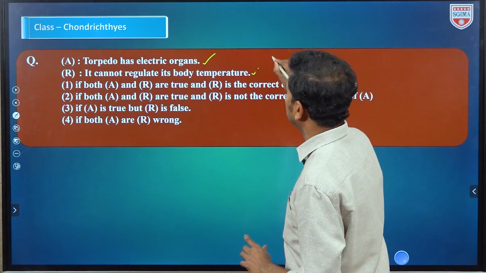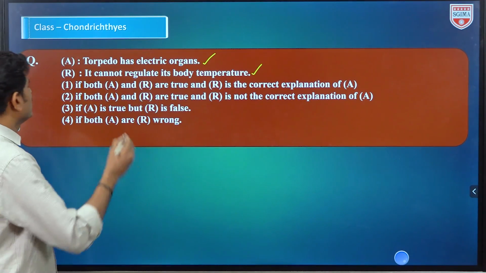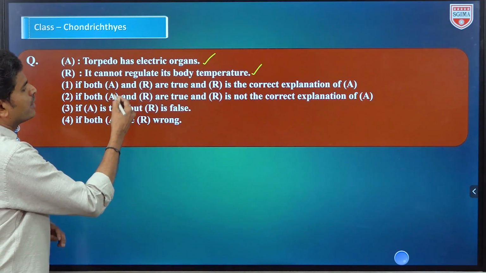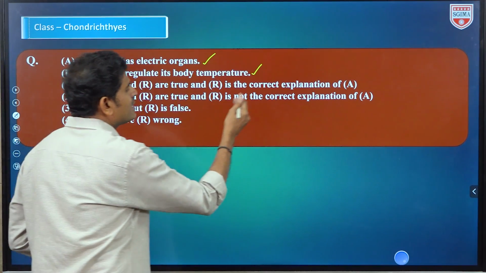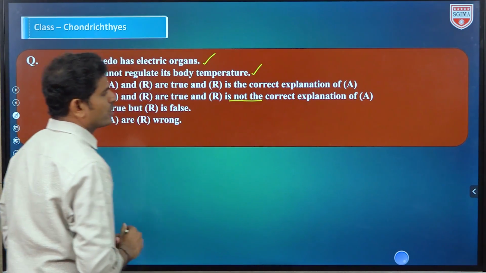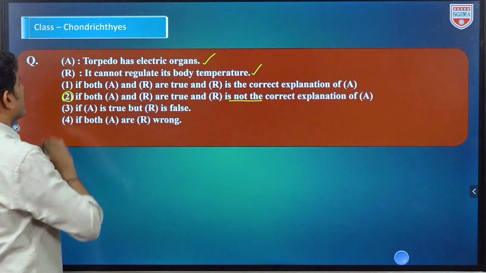So this is also correct. Now the correct option is the second option: both assertion and reason are true, but the reason is not the correct explanation of the assertion.